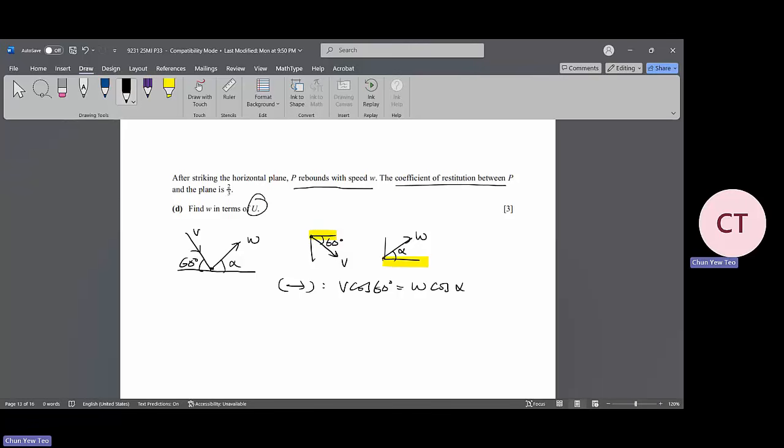So your W cos alpha is equal to half V. And if you consider the vertical one, in collisions involving a rebound, e is equal to W sin alpha over V sin 60.